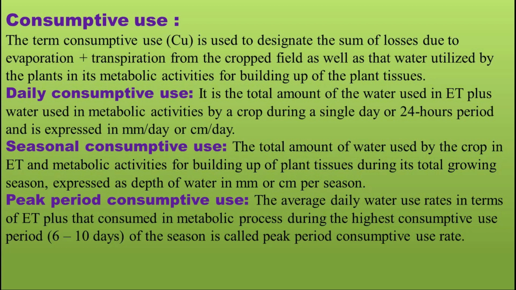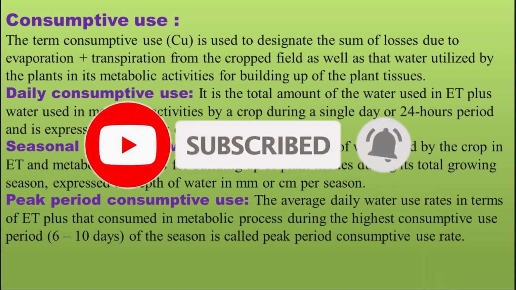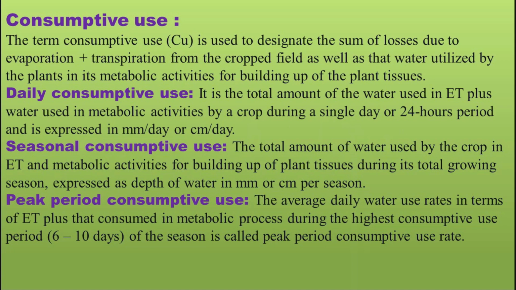Seasonal consumptive use is the total amount of water used by the crop in evapotranspiration and metabolic activities for building up plant tissues during its total growing season, expressed as depth of water in millimeters or centimeters per season. Here the important one is peak period consumptive use: the average daily water use rate, in terms of evapotranspiration plus that consumed in metabolic processes, during the highest consumptive use period, that is 6 to 10 days of the season.